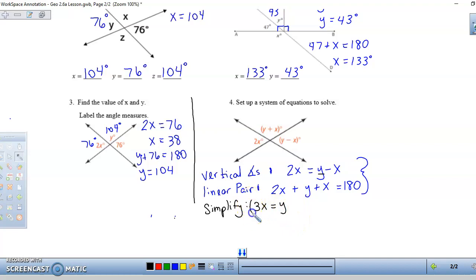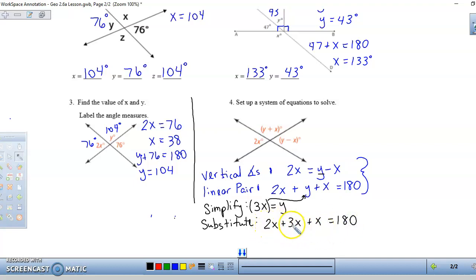Then what I can do is take this 3x and plug it in for y in the other equation. Okay, so I'm going to substitute 3x in place of y, and I will get 2x plus 3x plus x equals 180. So these add up, combine like terms.